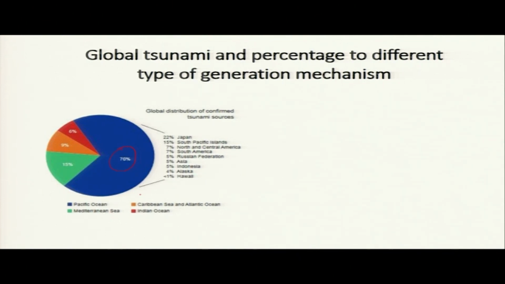In the Pacific Ocean come Japan, South Pacific Islands, North and Central America, South America, the Russian Federation, Asia, in which our Indian subcontinent, Indonesia and other Southeast Asian countries come, and also Alaska and Hawaii. Another 6% is by the Indian Ocean, and 9% by the Caribbean Sea and Atlantic. This means these areas experience fewer tsunamis than the Pacific Ocean.